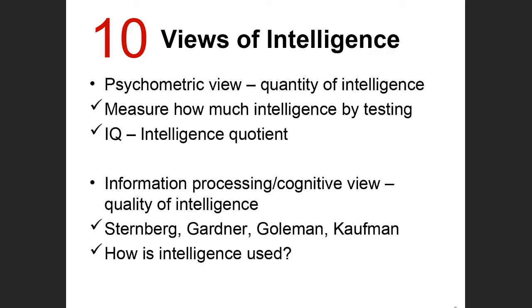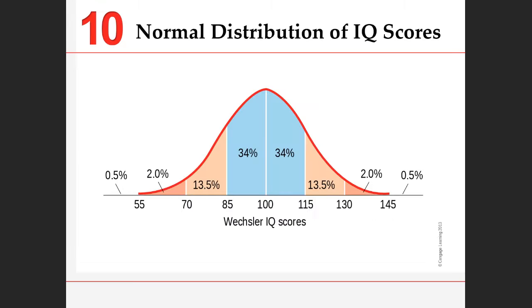So intelligence tests today are given to a sample of people, and then the scores are arranged into a normal curve like what we're showing here. The way this works is that the average is set at 100, and so from 85 to 115, which is about 68% of the population, most people will fall in here in the middle.